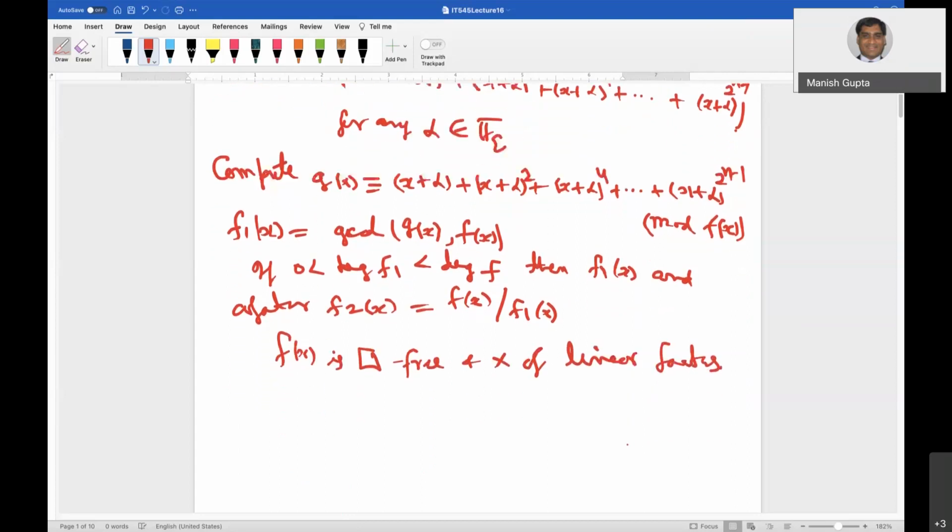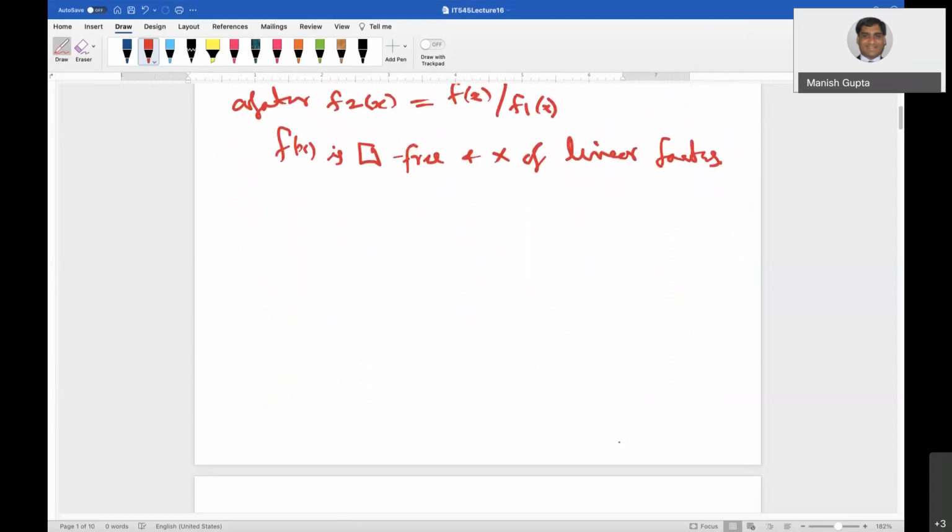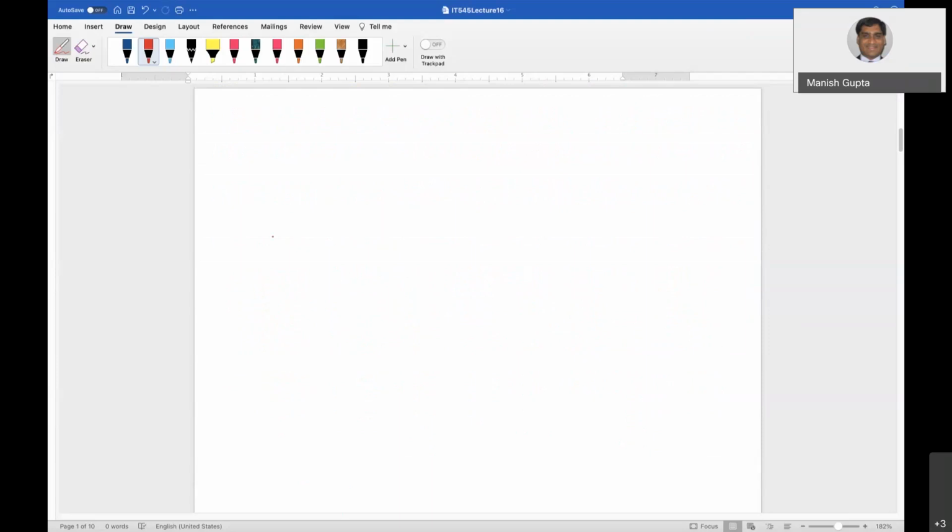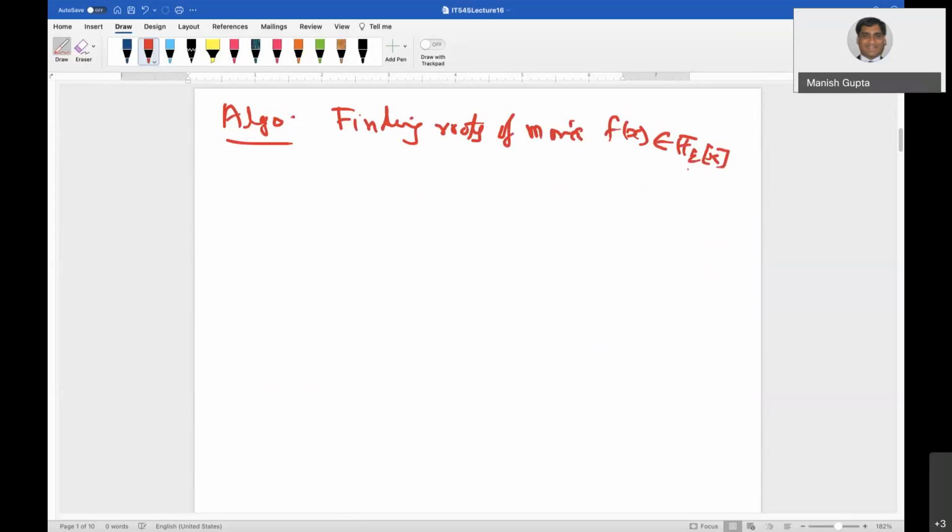Okay, so let us give you the algorithm. The algorithm is for finding roots of a monic polynomial f(x) in Fq[x]. Our assumption is that f(x) is a product of distinct linear factors.